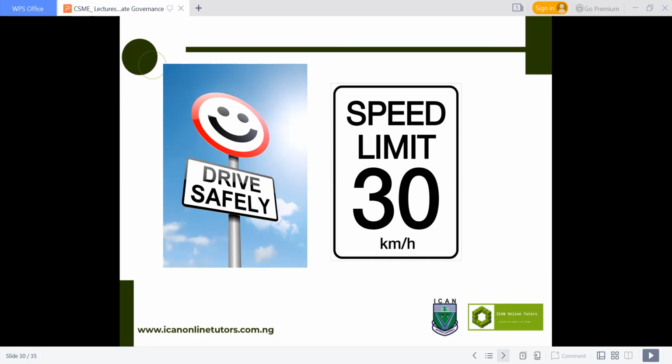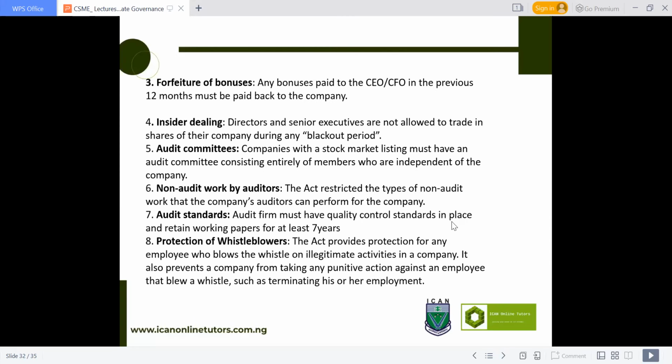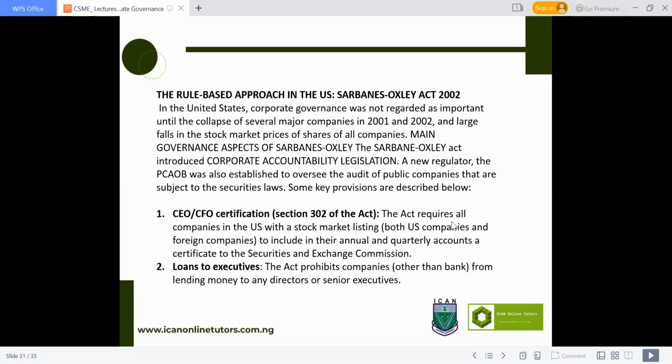All right. In the Sarbanes-Oxley Act, what are the key points from the Act of 2002? We have CFO certification. We have loans to executives. The Act prohibited companies and banks from lending money to any director or senior executive. It's a very long Act, but these are the key provisions.